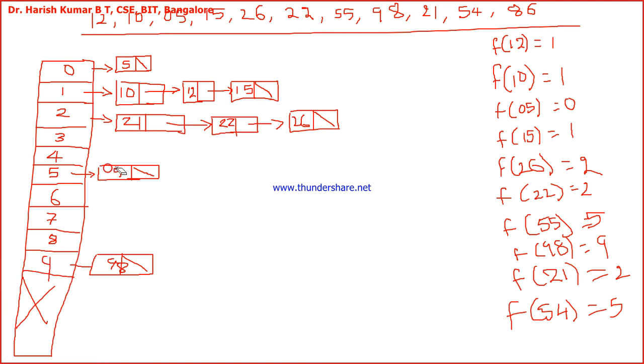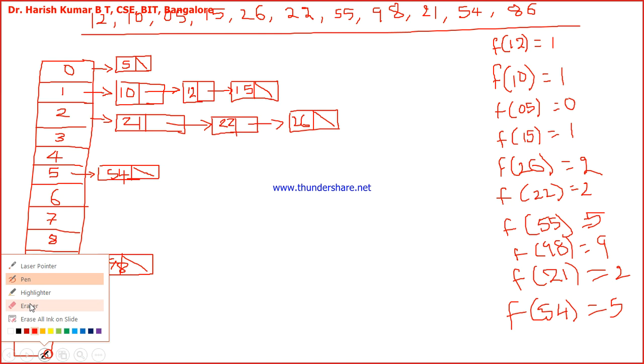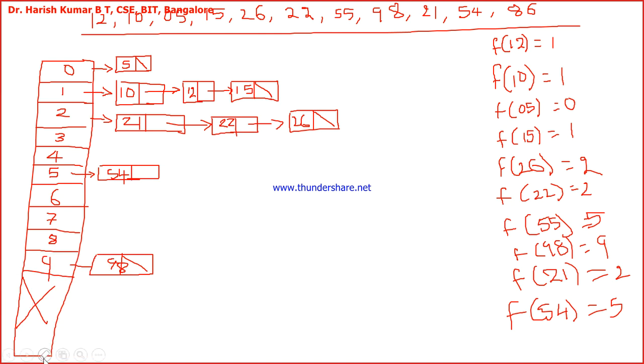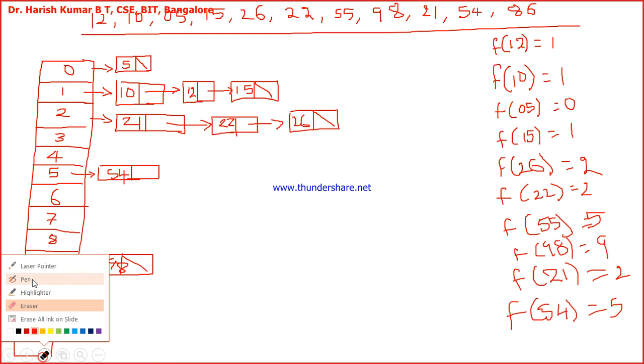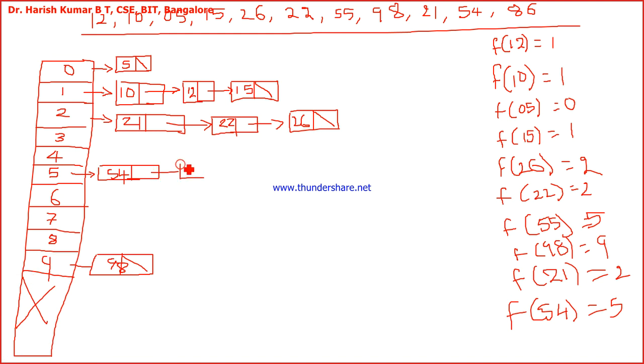So insert front operation we have to do: 54, and then 55, and this is null. And the last one is 86. So f of 86 is equal to 8. So we have it attached here to the linked list with the key value 8.